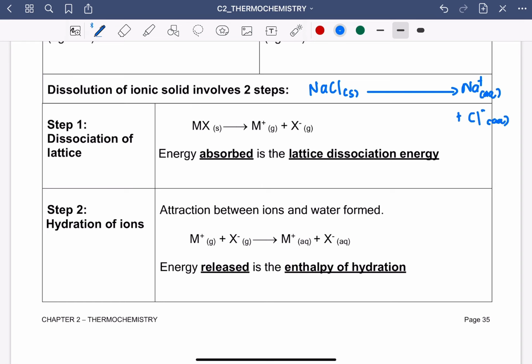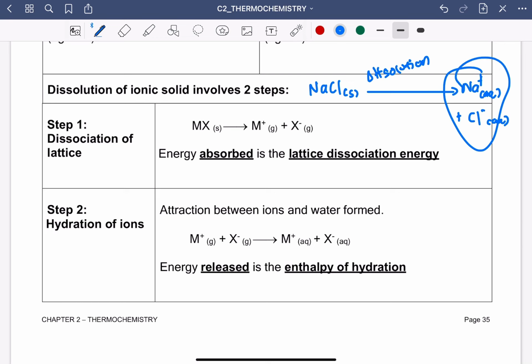This is related with enthalpy of solution. However, there are actually many steps that you can do to finally get to this part.